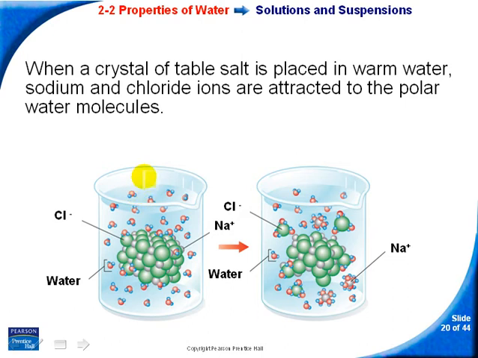Here's a picture of it, and what happens is the polar molecules... remember sodium chloride, salt, has a negative chlorine ion and a positive sodium ion, and when mixed in water, the ions are attracted to the opposite sides of the water molecule.